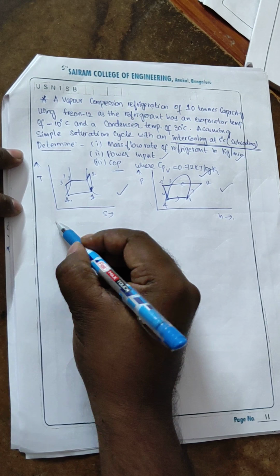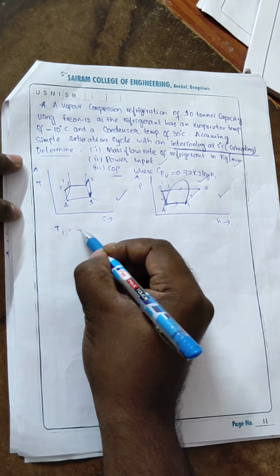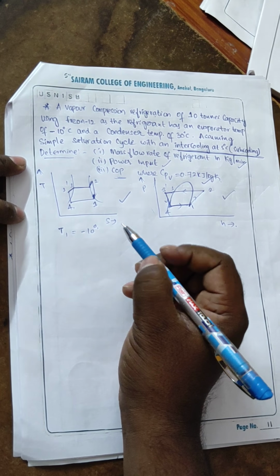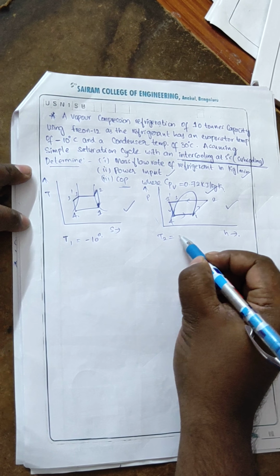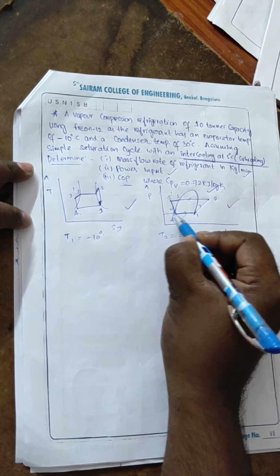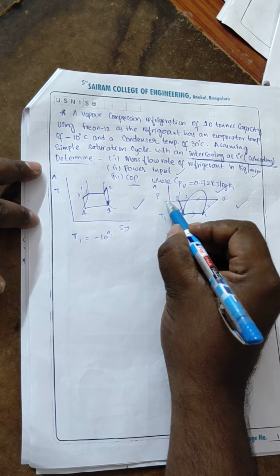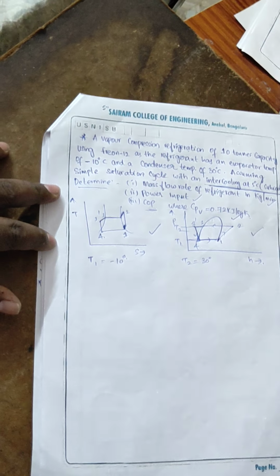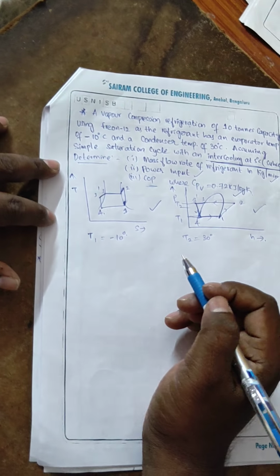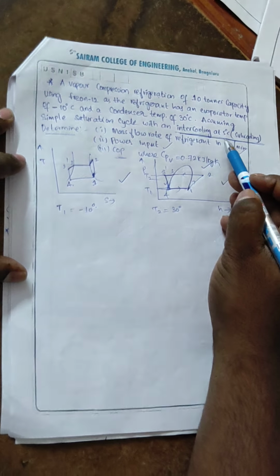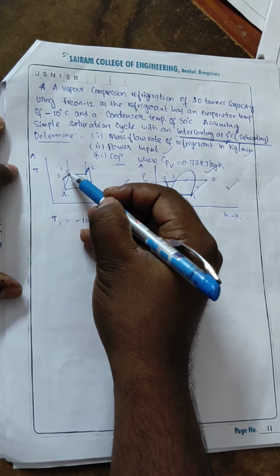First, T1, the evaporator temperature, is equal to minus 10 degrees Celsius and T2, the condenser temperature, is equal to 30 degrees Celsius. We have 5 degrees subcooling from here to here.